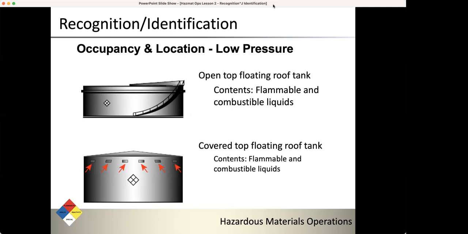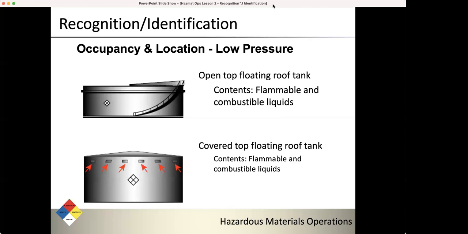There is a roof that is exposed to the outside that floats up and down on top of the liquid to reduce the vapor space. That's the point of that. Bad things happen when that floating roof gets canted and no longer covers that liquid surface.